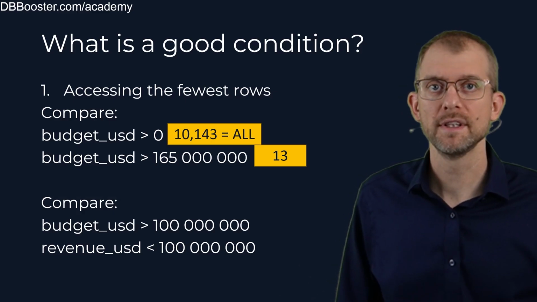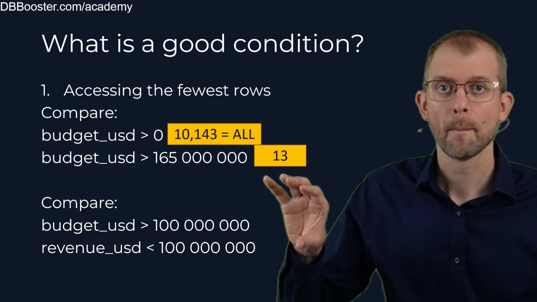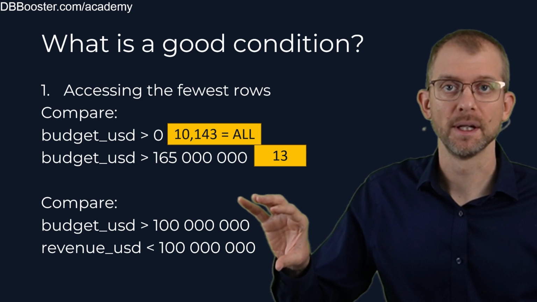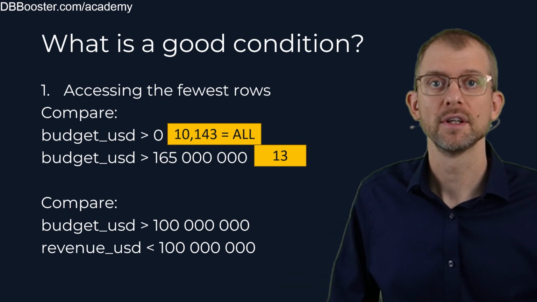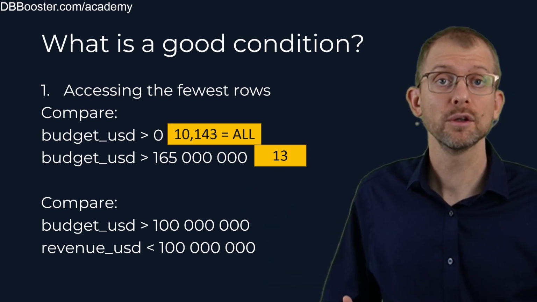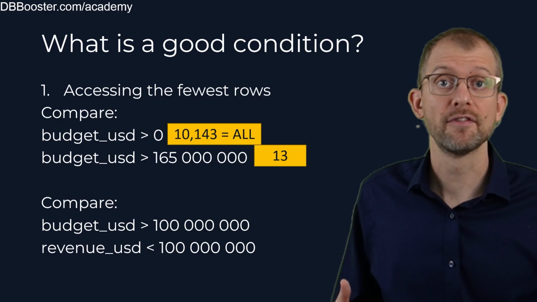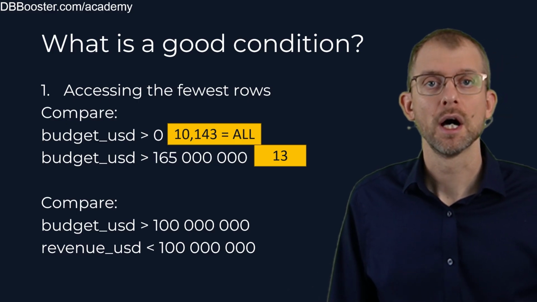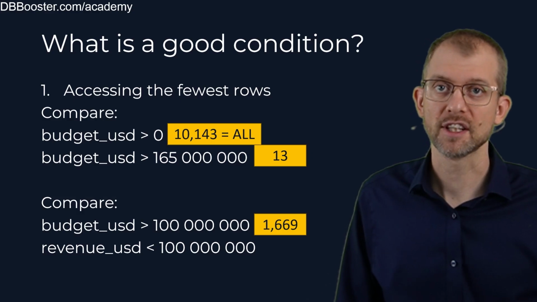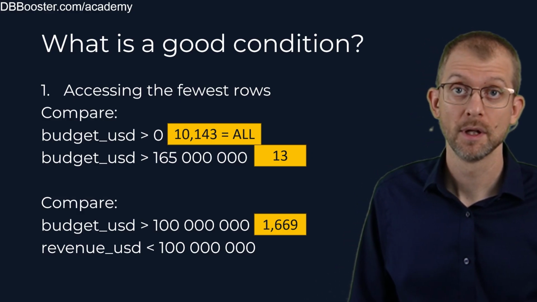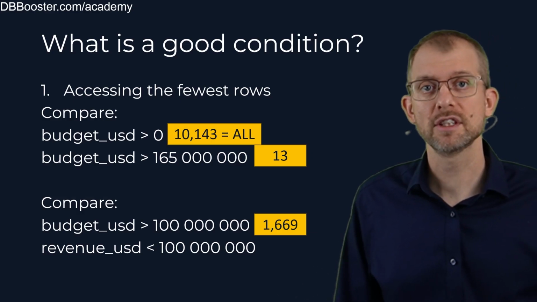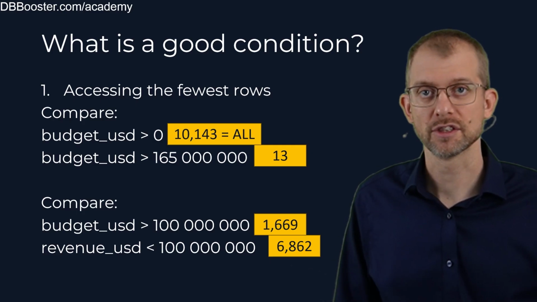Now, what if we have 2 different columns? Budget greater than 100 million and revenue less than 100 million. We don't know immediately which one is better. When we check, the first condition returns 1,669 rows, and the second one 6,862.